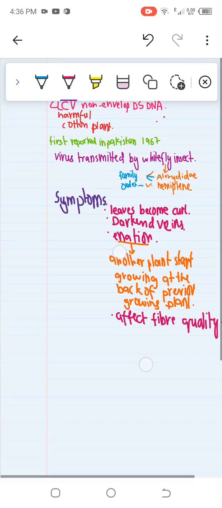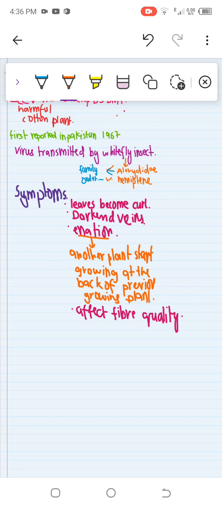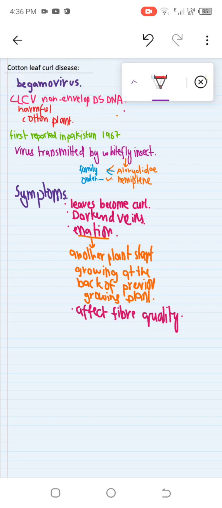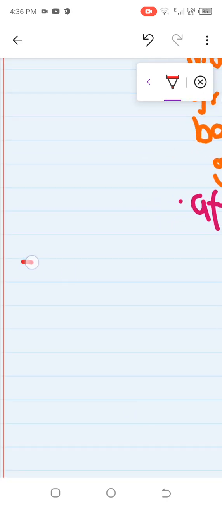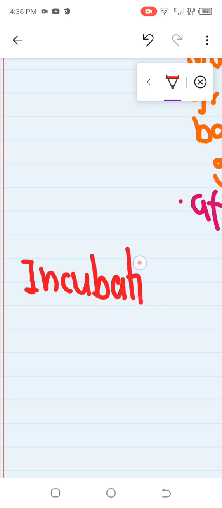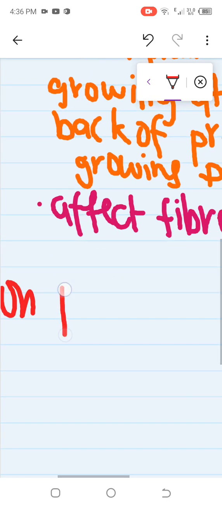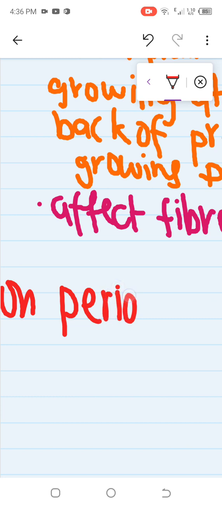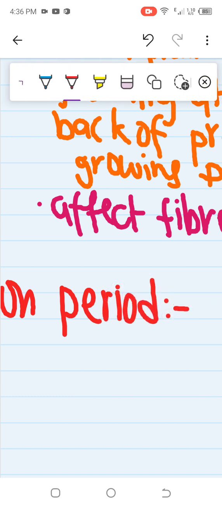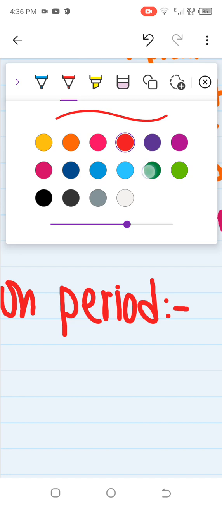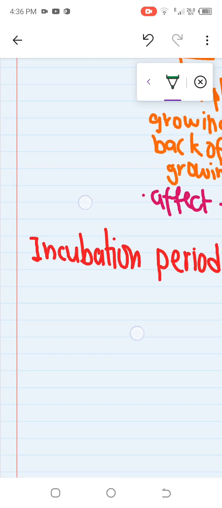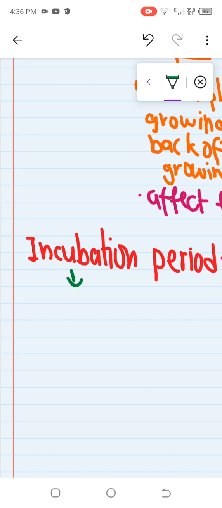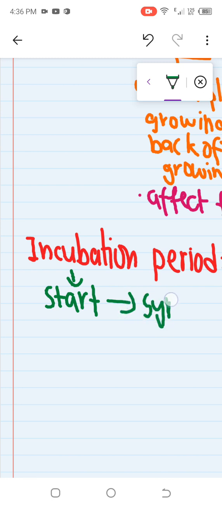Now we will talk about the incubation period. So let's see about this period. The incubation period is the period from when a disease or virus starts until the symptoms occur.